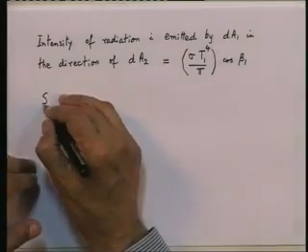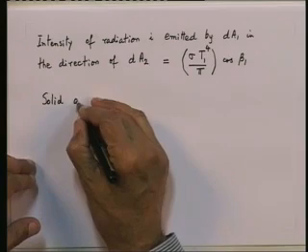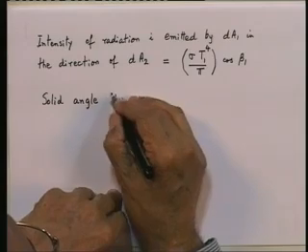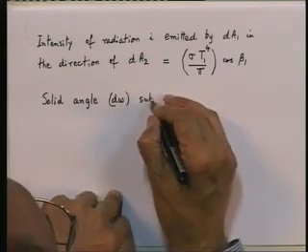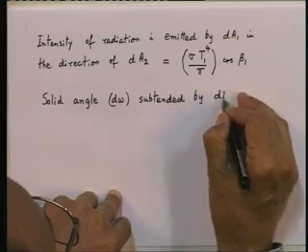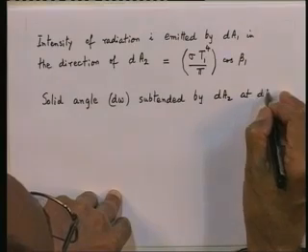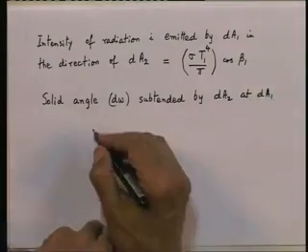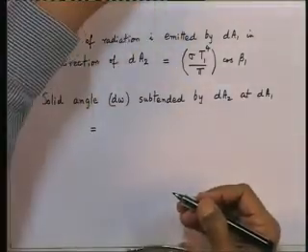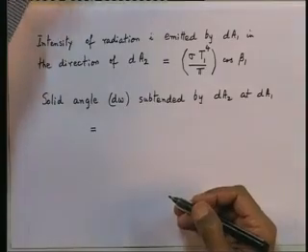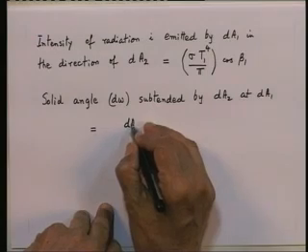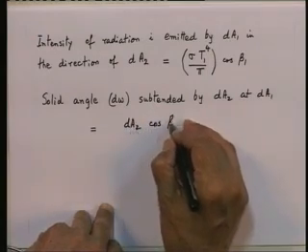Next, what is the solid angle d omega subtended by dA2 at dA1? It is nothing but, first of all, take the area normal to the line joining the two, that is normal to L. The projected area of dA2 normal to L is going to be dA2 cosine beta 2, all right.